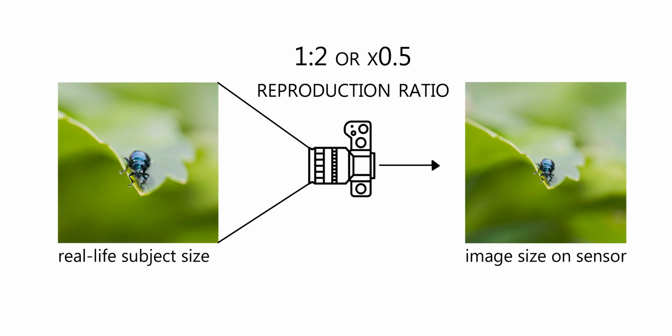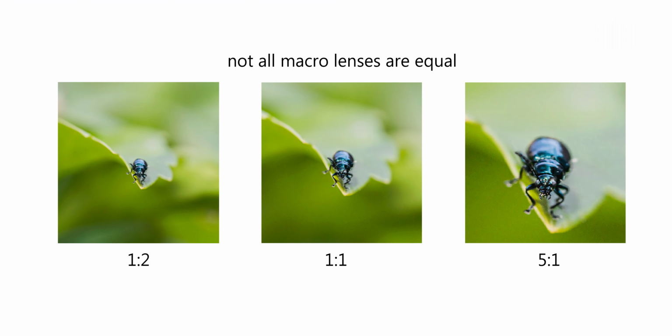A lens with a reproduction ratio of 0.5 or 1 to 2 is able to reproduce a subject half the size on the camera sensor as it is in real life. This would still be branded as a macro lens, though it wouldn't have as much magnification as a true macro lens. This is why it's so important to look at the reproduction ratio, because not all macro lenses are made the same.